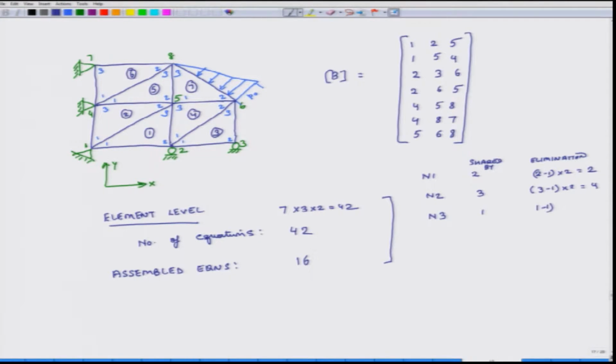So, 1 minus 1 times 2 is equal to 0. Node 4 is here. How many elements are sharing it? 3. So, how many equations get eliminated? 3 minus 1 times 2 equals 4.